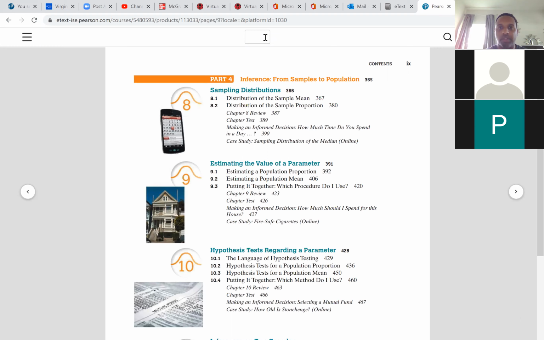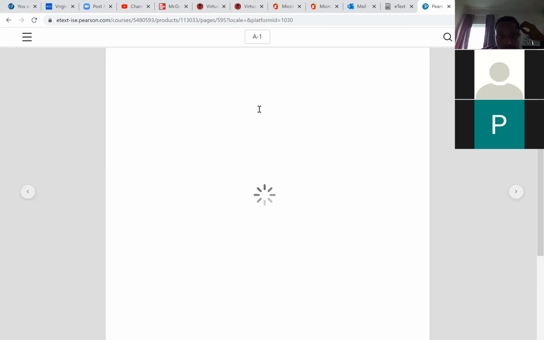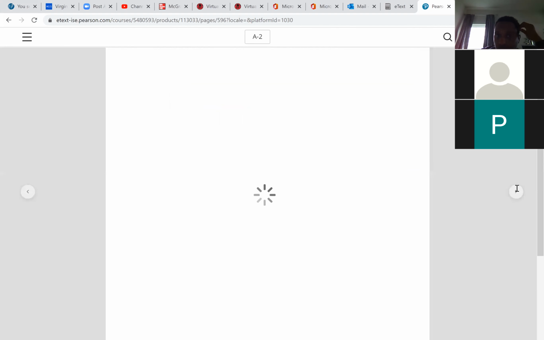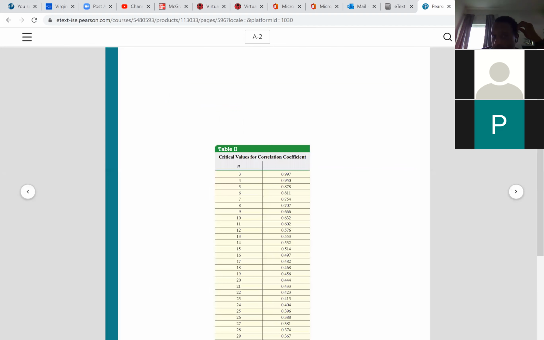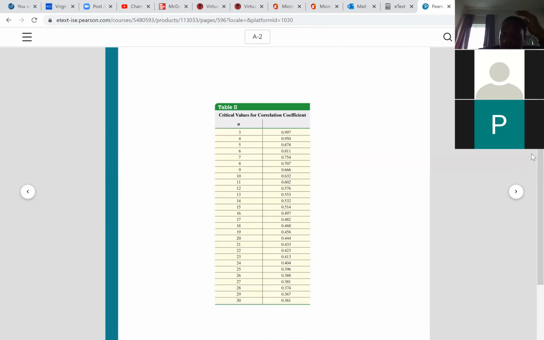Maybe it's A-1. I know it's something like that. Okay, yeah. So that's table 1, but we need table 2. So you can go into your text and go to the page and type A-1. Oh, well, we know it's right now A-2. That's table 2. So this is the table 2 chart that they're talking about.